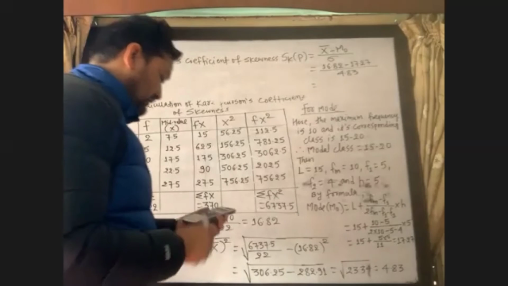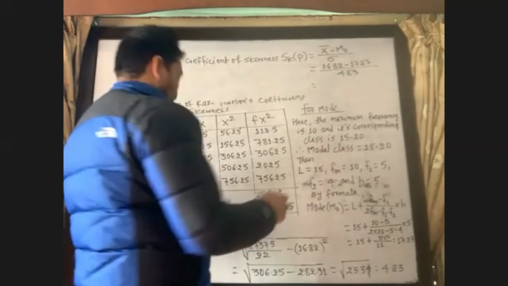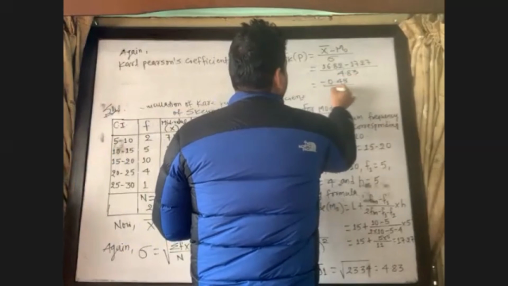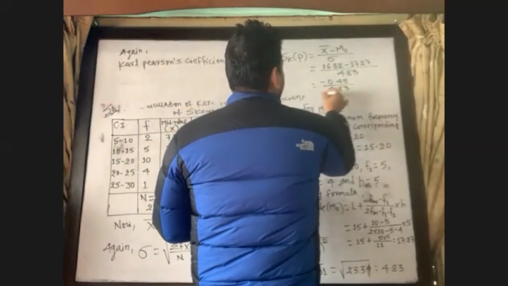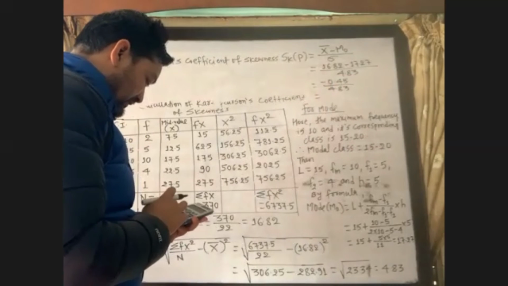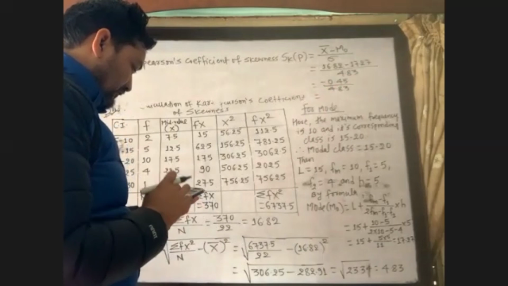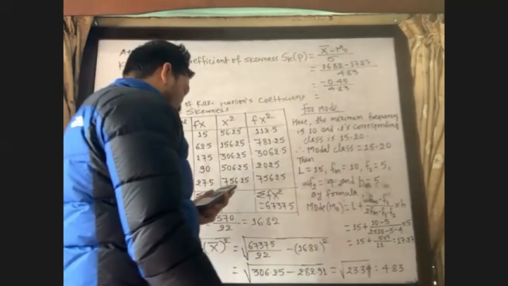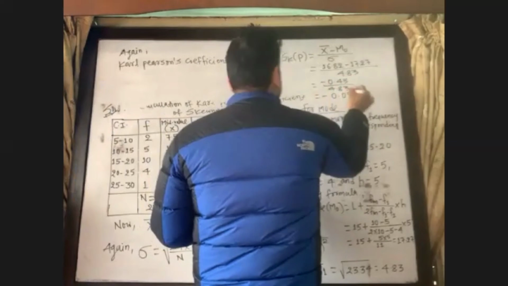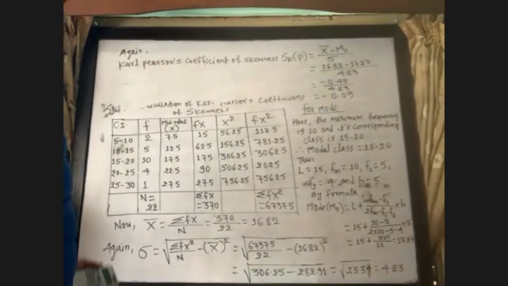This equals to, we got here, minus 0.45. Minus 0.45 divided by 4.83. Okay, now let's divide it by 4.83. And we got here minus 0.09. Okay. So minus 0.09 we got.